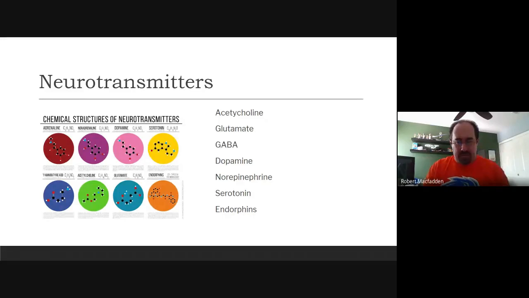GABA makes them stop. It inhibits the excitatoriness of the neuron. It is associated with calming effects. A lack of GABA is connected to seizures, tremors, insomnia, anxiety, epilepsy, and Huntington's disease. So there's lots of different things that can be associated with a lack of the neurotransmitter.